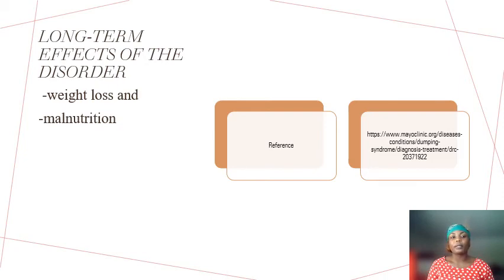If you have dumping syndrome not due to a surgery, you will have to review the food, the diet that you're eating, because it will lead to weight loss, and of course malnutrition, if you're not careful.